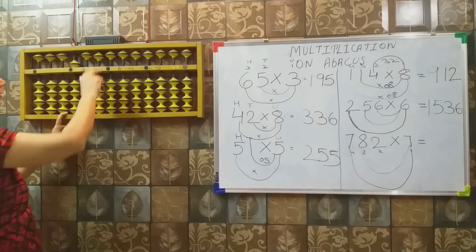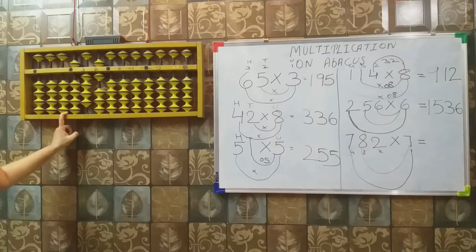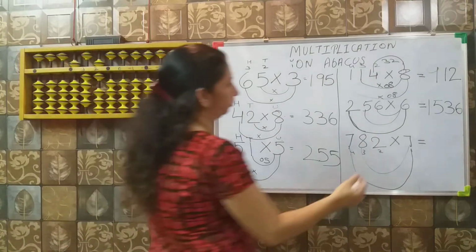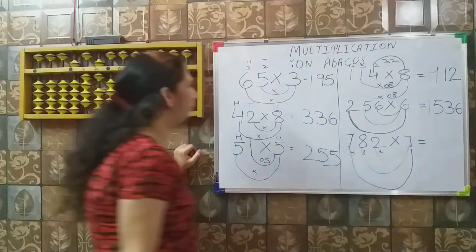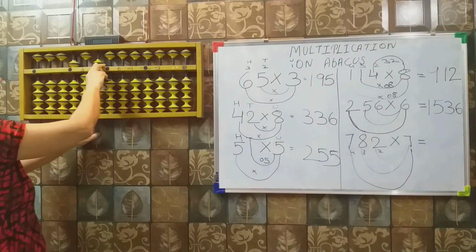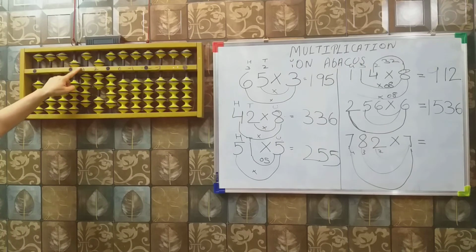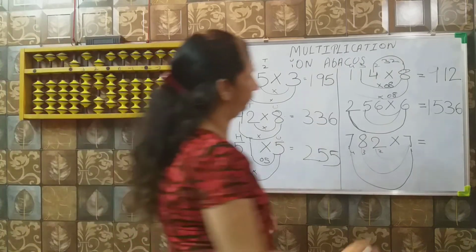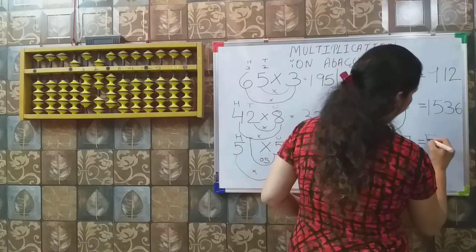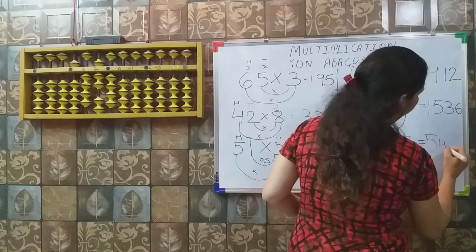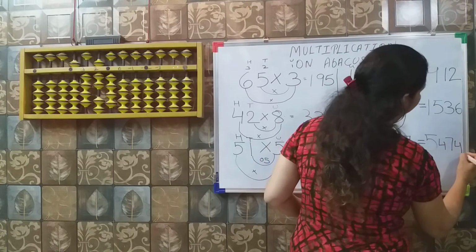And 6 on the tens place. Now 7 into 2 is 14. So 1 on the tens place and 4 on the unit place. So we got the answer 5474.